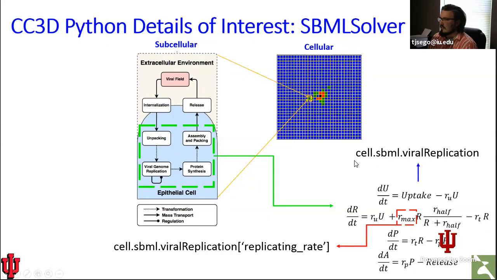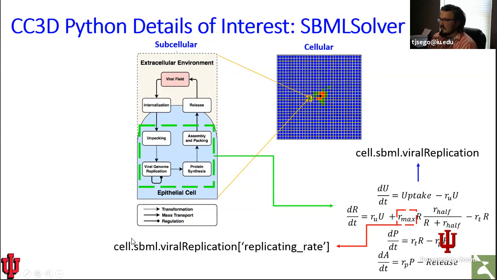So when handling a particular cell in CC3D Python, we can access the replication model for that cell using cell.sbml.viralReplication. And now every variable and coefficient that's defined for that particular cell and model can be accessed using keywords that correspond to the names of the variables in the model specification.